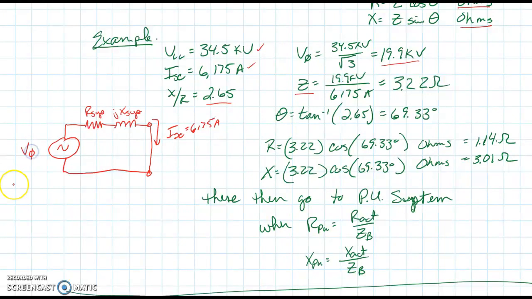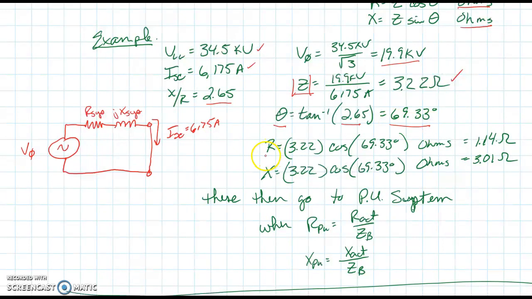So this is then V phase. The magnitude of that impedance is 19.9 kV divided by my short circuit current of 6,175, or 3.22 ohms. Theta is the inverse tangent of the X over R ratio, which turns out to be 69.3 degrees.